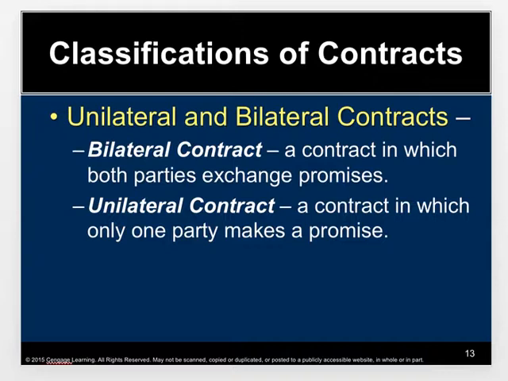So, if I say, I'll pay you $1 million if you stop smoking, then really, let me backtrack on that one, because I do think that would also be a bilateral, because you're also making a promise, right? You're making the promise not to smoke, so that wouldn't be a good example of one. Let me come back to an example on that one. I can't think of one off the top of my head right now, so I'll come back to an example of a unilateral contract.